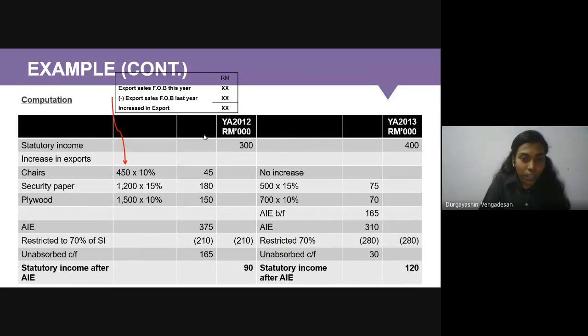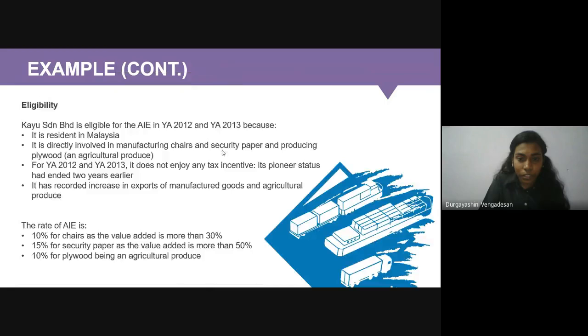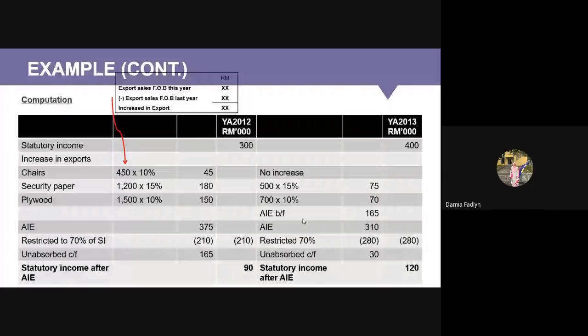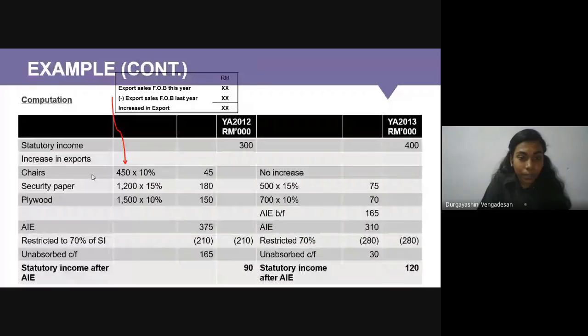So in the year 2012, the statutory income would be 200. Where did I get it? From here. The statutory income is 200, and then the increase in export. For the chairs, how to calculate the increase in export?